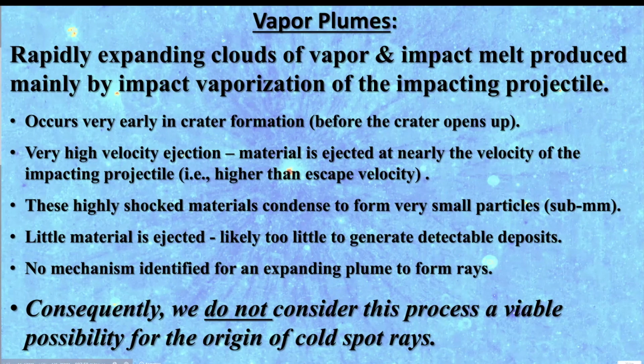And I think as we go through these three parts of the ejecta process, it's good to key in on the velocity of what's going on in each process. So very high, but it could be higher. These highly shocked materials condense to form very small particles, sub-millimeter, but very little ejecta material is ejected, likely too little to generate detectable deposits.